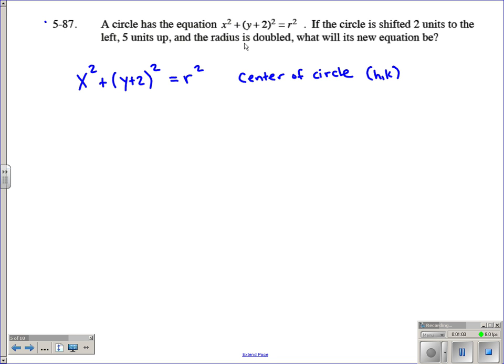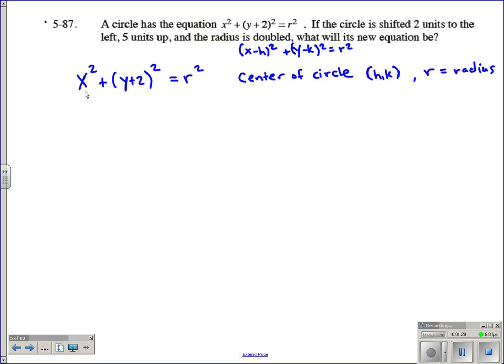Let's throw together our general form here. We've got x minus h squared plus y minus k squared equals r squared. Remember, h, k is our center and r is our radius value, the length of the radius.